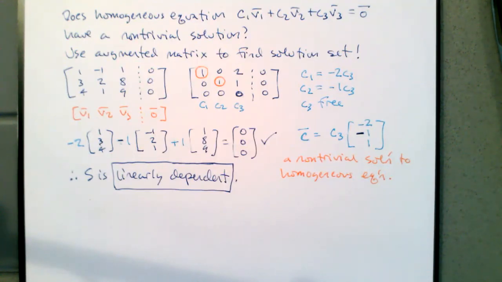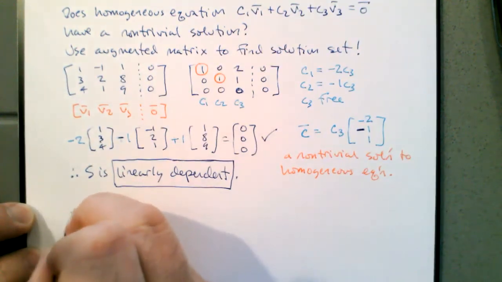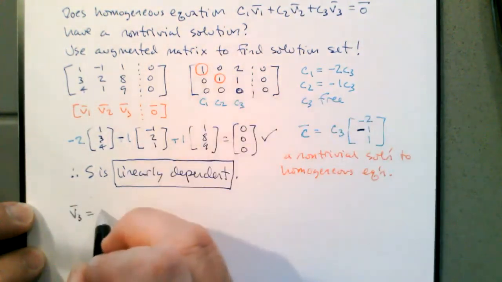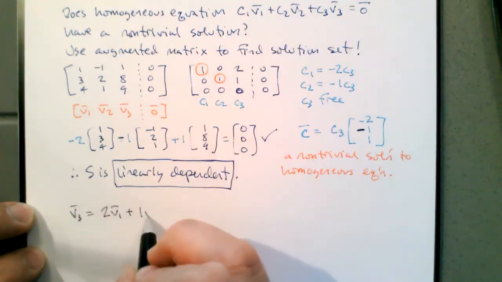So let's make sure that we can justify our conclusion that S is linearly dependent. What we have shown is that V3 is a linear combination of V1 and V2. So we might notice that V3 is just going to be 2 times V1 plus 1 times V2.